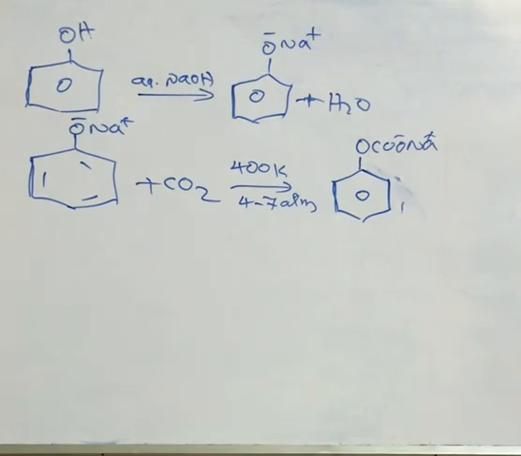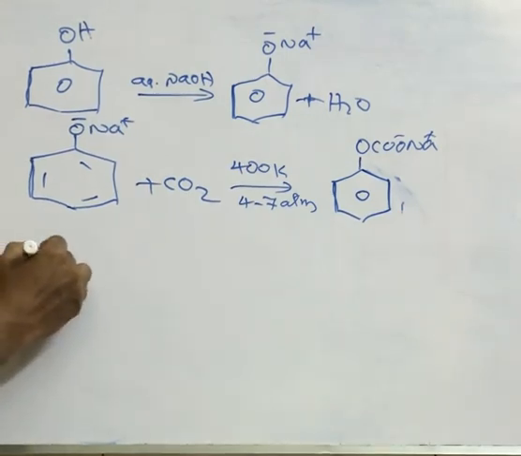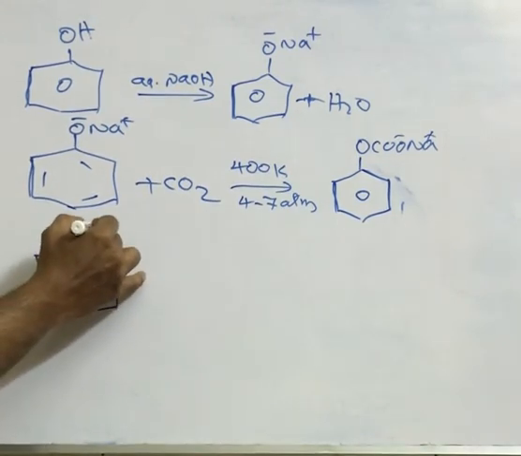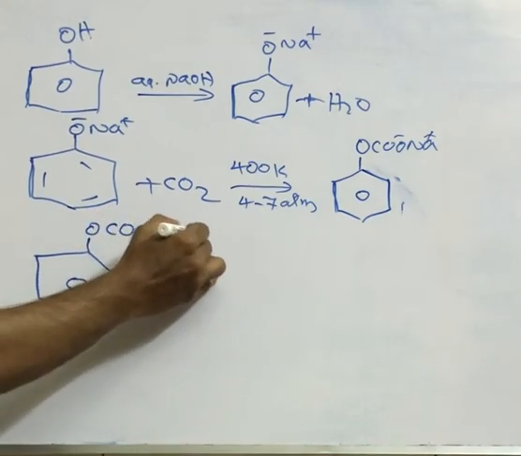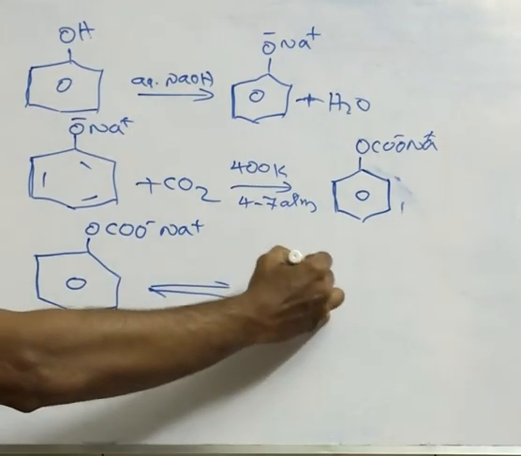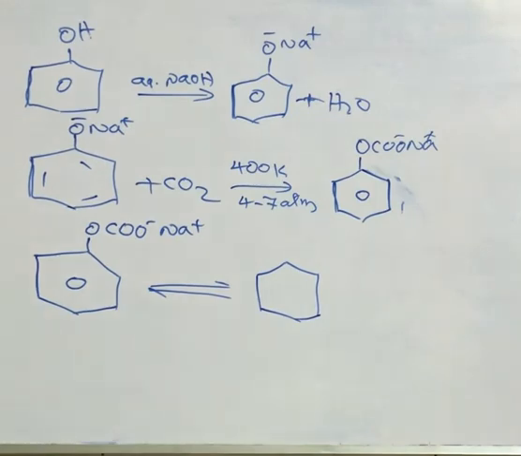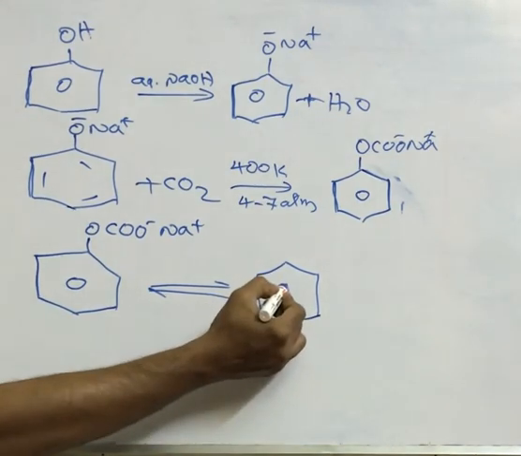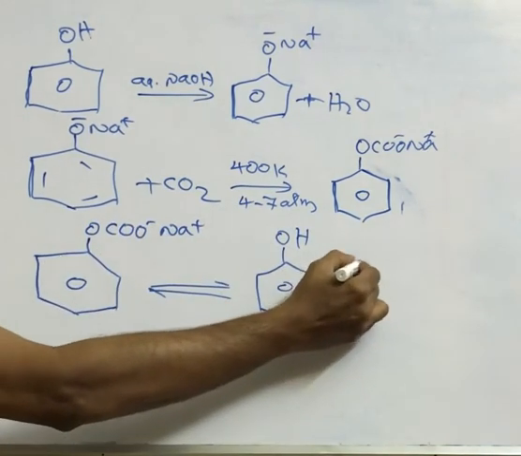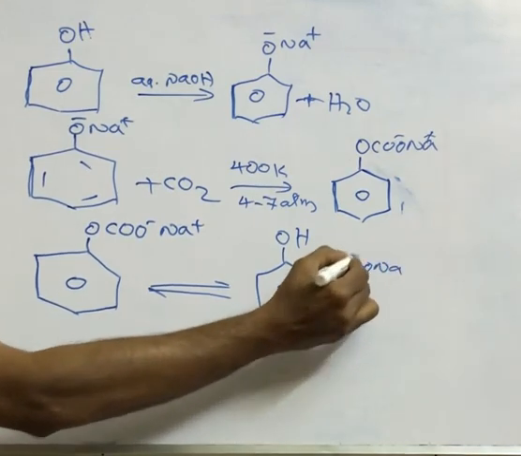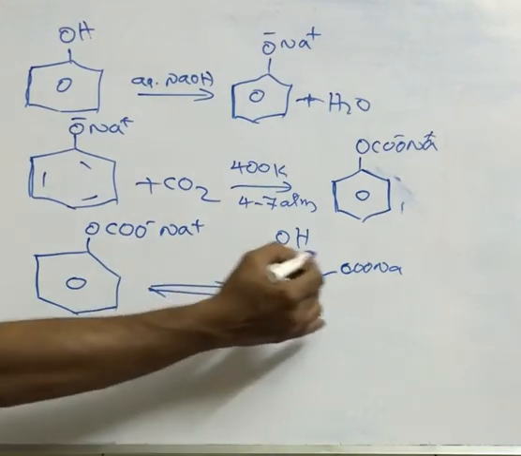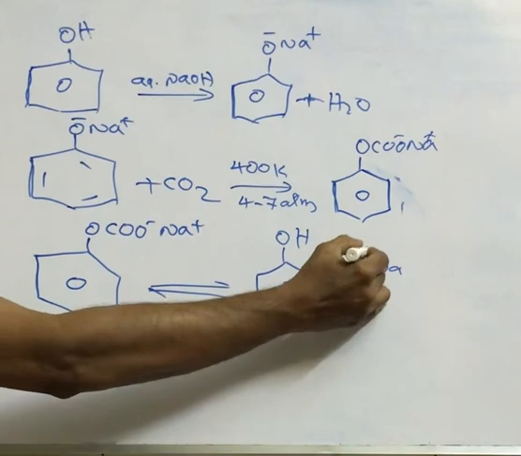This product will undergo rearrangement, OCOO minus Na plus. It gets rearranged like this, OH, and here this particular COO is at the ortho position. So this is the way it gets rearranged, COO minus Na plus.